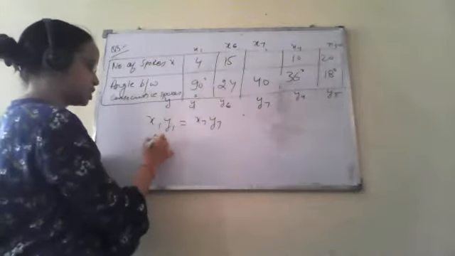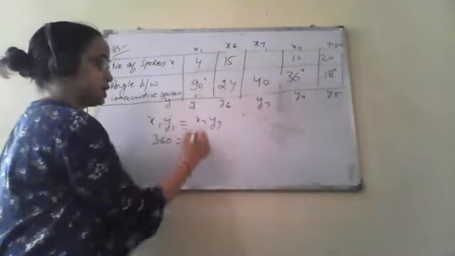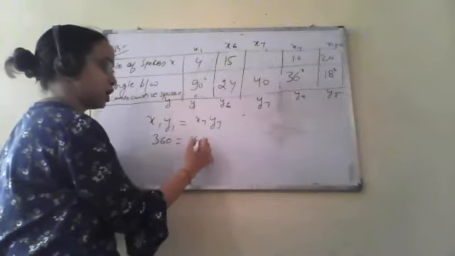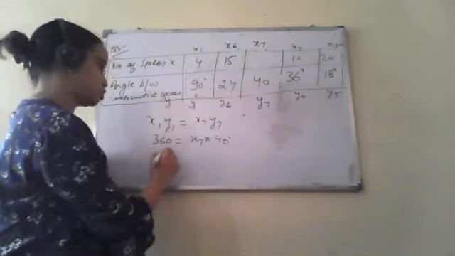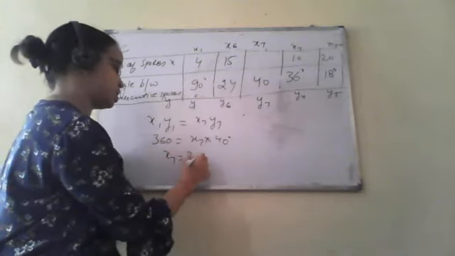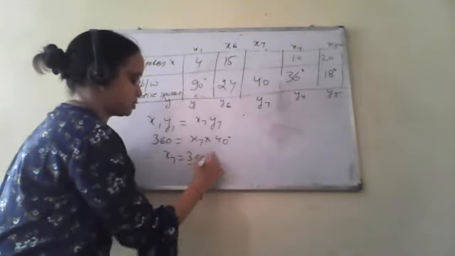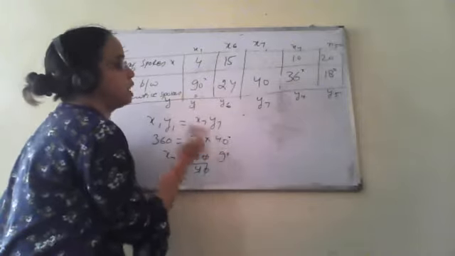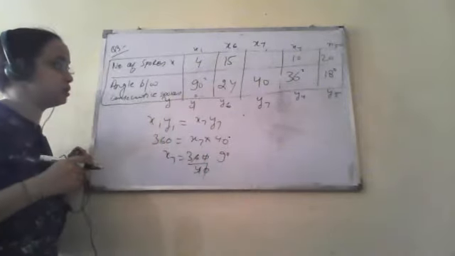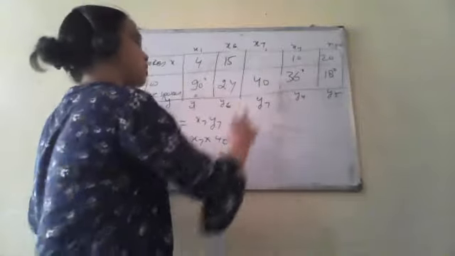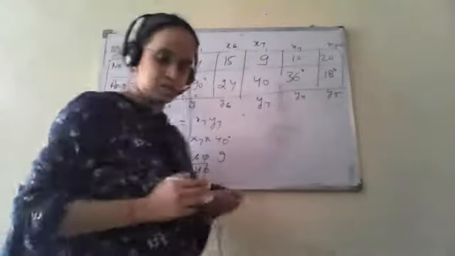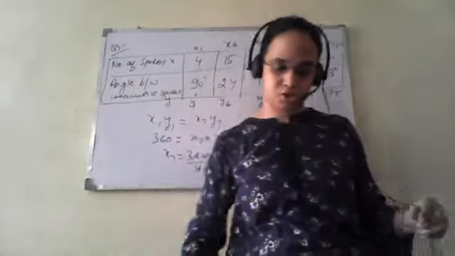Okay, so this is again 360 degree. x7, that is the number of spokes, we have to calculate, and y7 is 40. Okay, so x7 will be 360 upon 40, that comes out to be 9. That means when the angle between consecutive spokes is 40 degree, the number of spokes will be 9. So this way we have to go through this question.